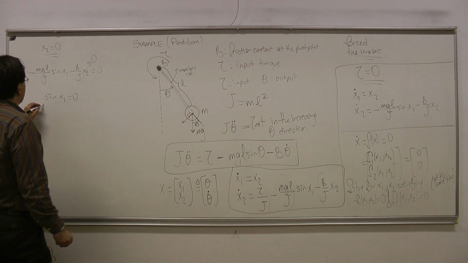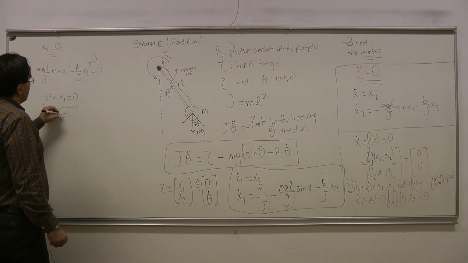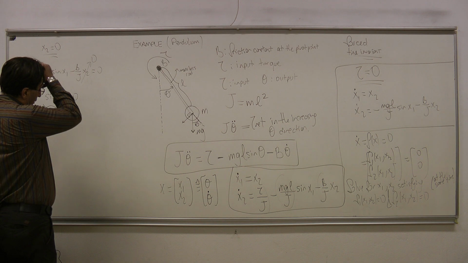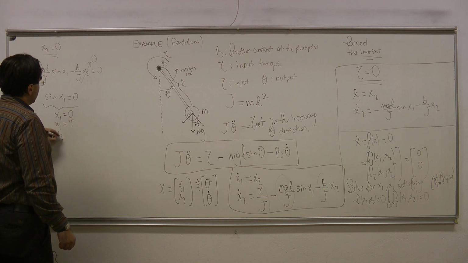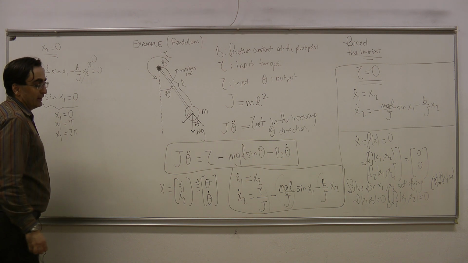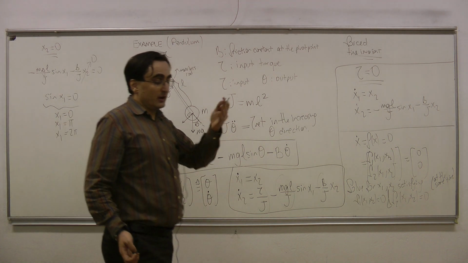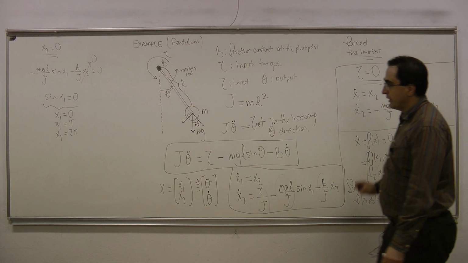So when is sine x1 equal to 0? I know that when x1 is equal to 0, it is 0. Or x1 can be pi. x1 can be 2 pi. So we know that sine is periodically equal to 0 with the period pi.